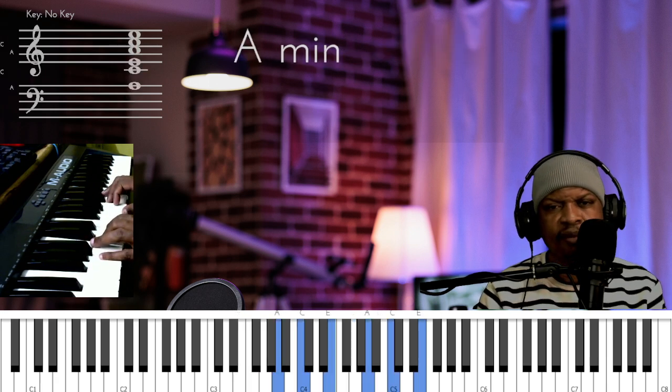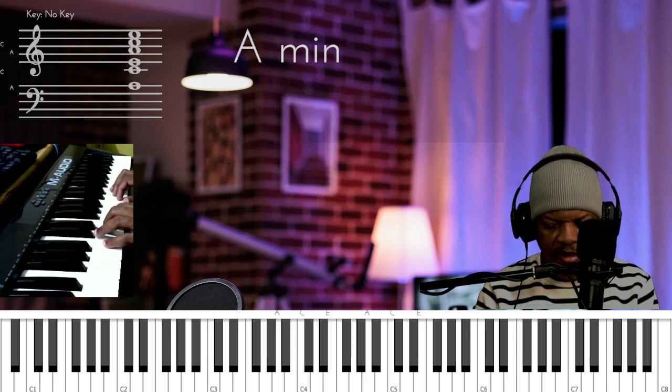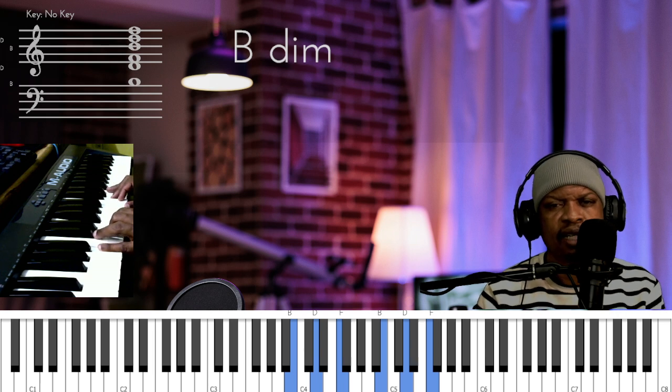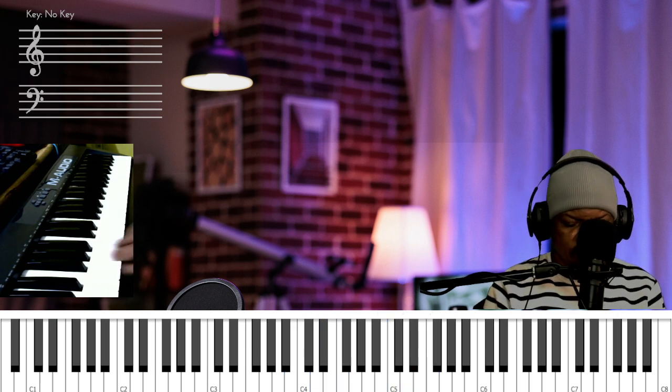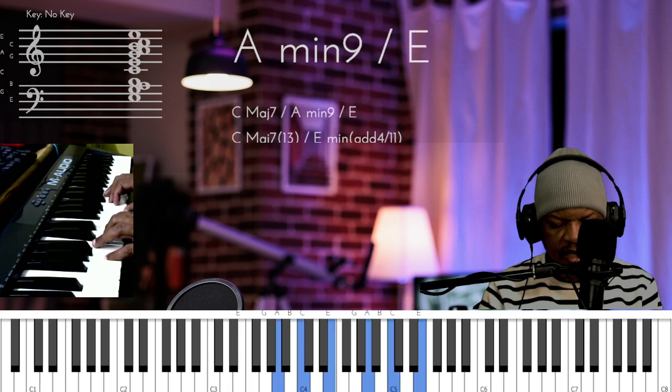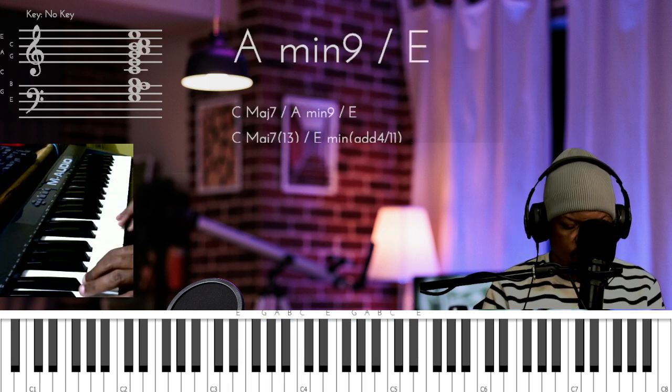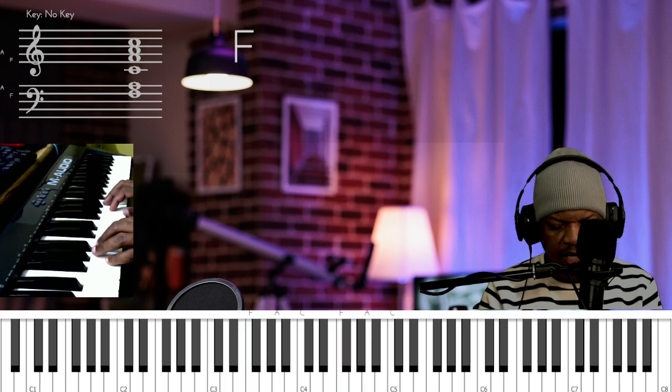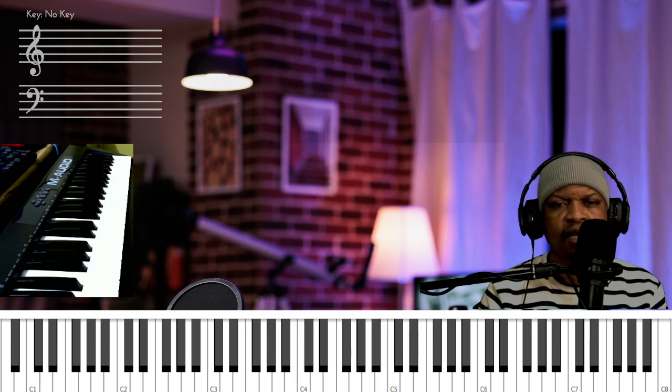Then you have A minor as your submediant, and you have your leading note triad. So you can see that your 2, your 3, and your 6 are minor chords. Your 1, your 4, and your 5 are major chords. So it tells you already that my 1, my 4, and 5, that's where I'm going to build my major 6 chords.